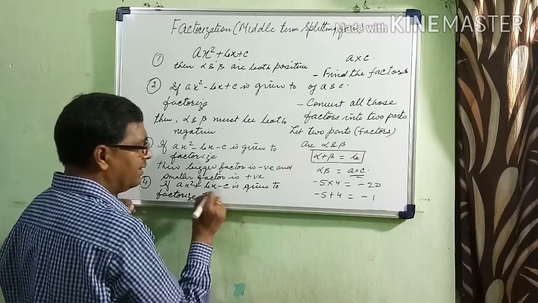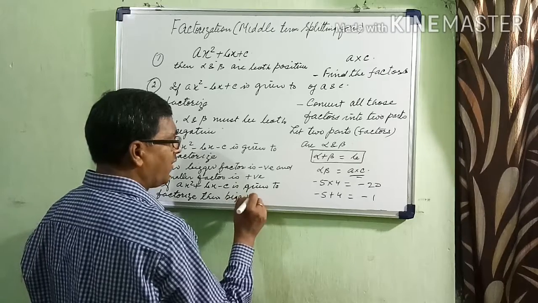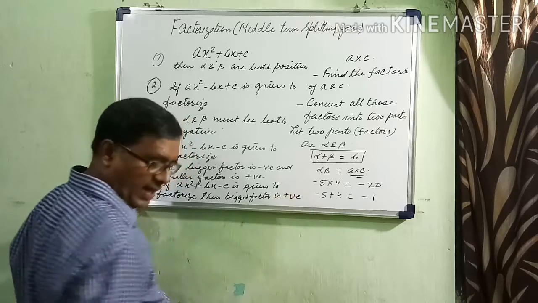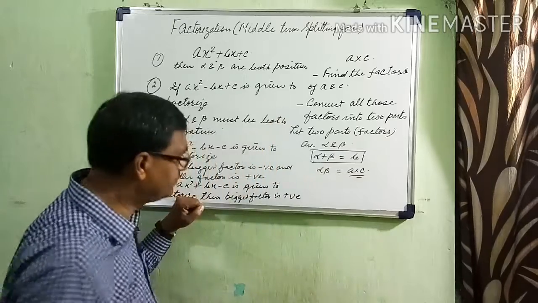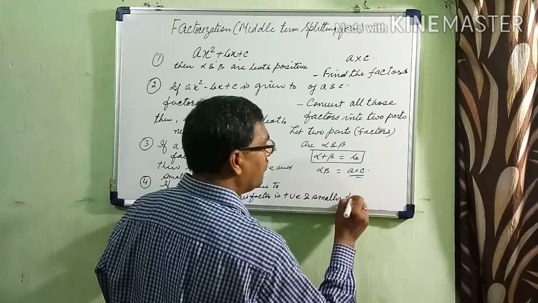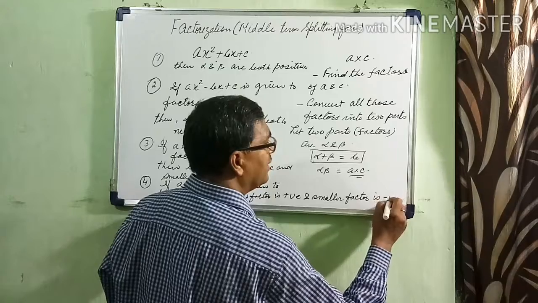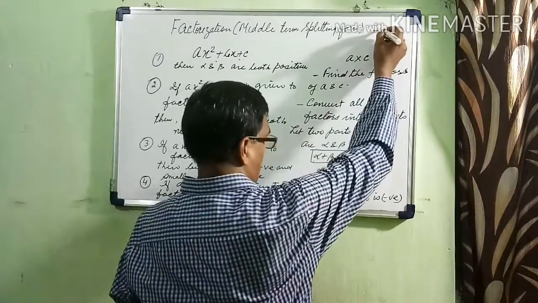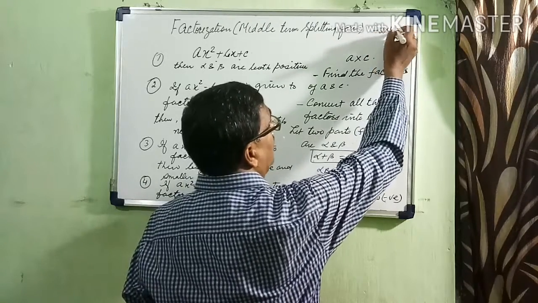And vice versa, if ax square plus bx minus c is given to factorize, then the bigger factor is positive and the smaller factor is negative. Same reason: negative 2 into plus 4 is negative only.